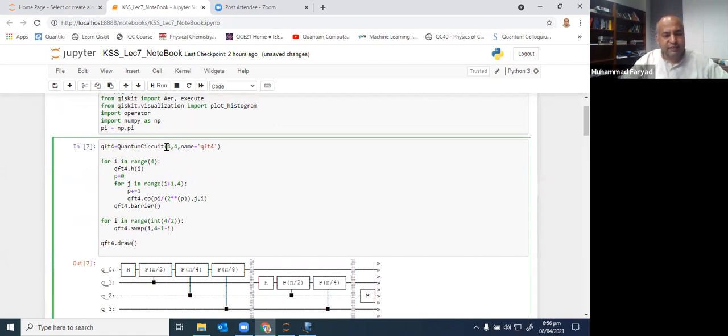So let's say it's a quantum circuit with 4 quantum bits and 4 classical bits, and I'm defining it, giving it a name as well, which we can use for later calling. And what this circuit does is it starts something like this. So this is QFT4, and first of all, I'm just applying Hadamard to everything. You see, for i in range 4, just apply the gate.